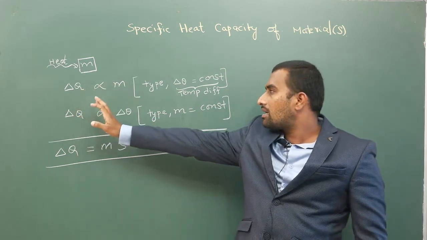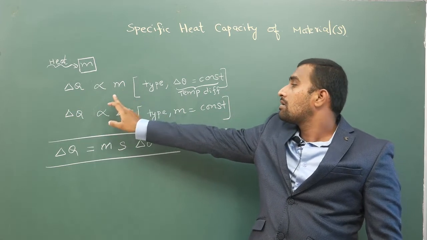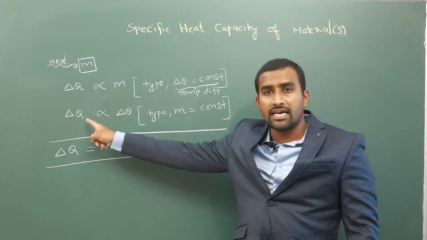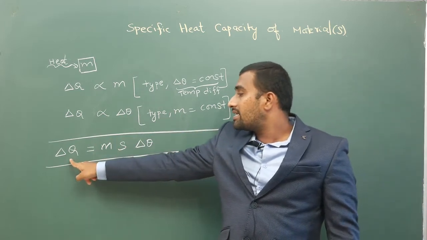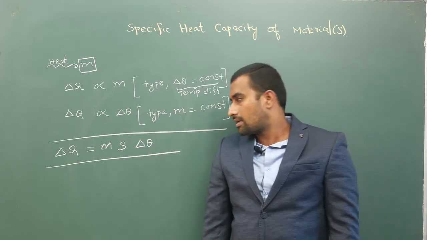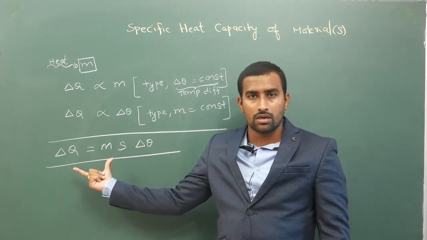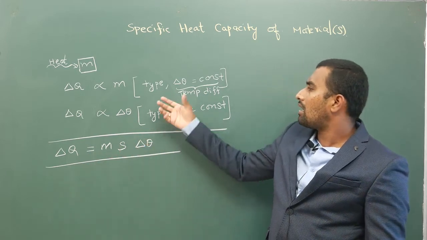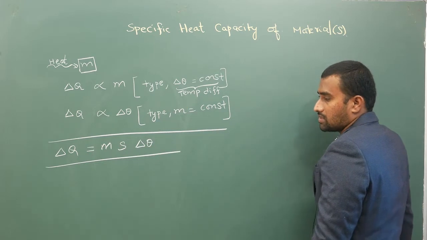Experimentally it is observed that heat energy is directly proportional to mass under these conditions, and directly proportional to temperature difference under these conditions, and finally heat energy is mass m into specific heat S into delta theta. Many people will directly give you this as the formula, but I have put it in a logical manner. This is an experimental observation, that's all.